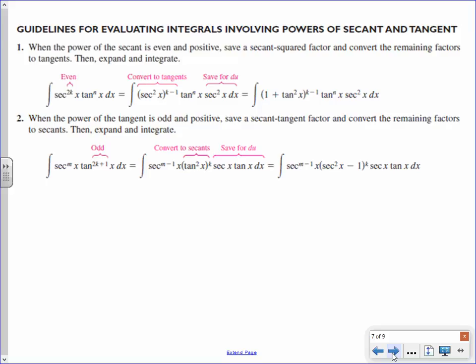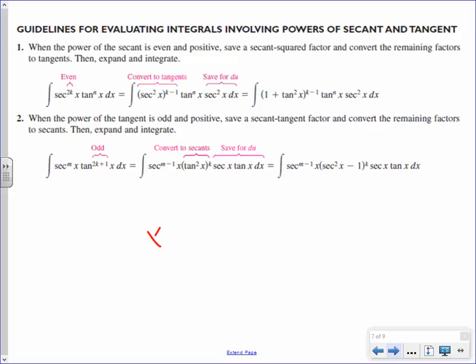So since that's the case, if we have an even power of secant, then we can take secant squared out for our u du substitution and change the rest using the Pythagorean identity. If we have an odd power of tangent, we can take a secant tangent and write it at the end and then use the rest for u du substitution.